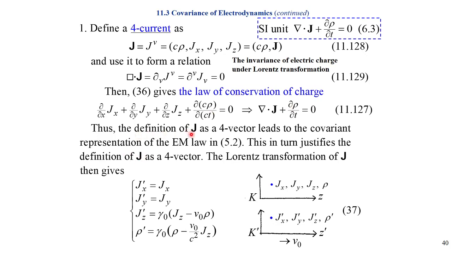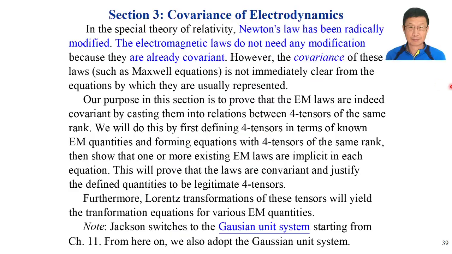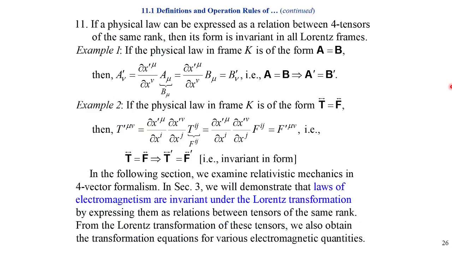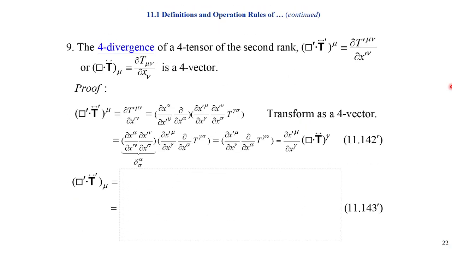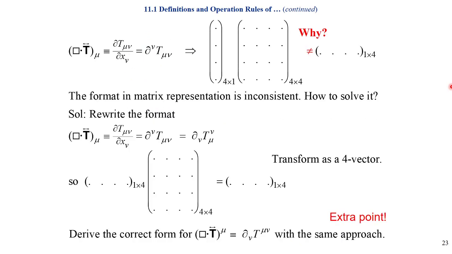Last, the definition of J as a 4-vector leads to the covariant representation of the EM law in 5.2. This in turn justifies the definition of J as a 4-vector. That is a 4-vector. Therefore, it is invariant. Okay, and maybe we should go back to 2, 3, 4. Go back. That's a tensor.